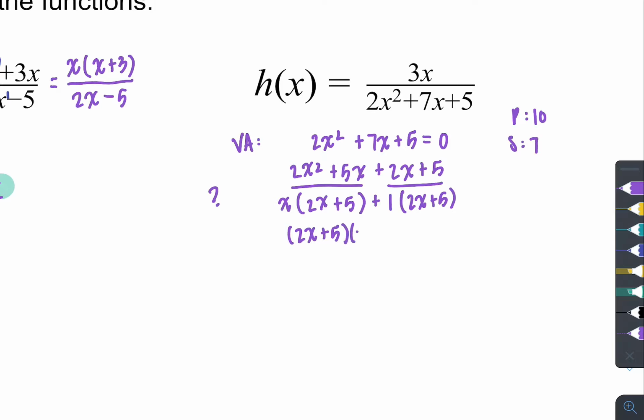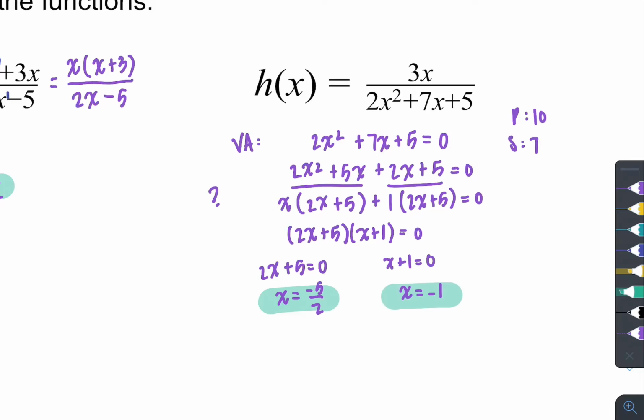So then 2x plus 5 times x plus 1 is our factored form, and we set both of those parts equal to 0 and solve. So we have x equals -5/2 and x equals -1 for those vertical asymptotes.